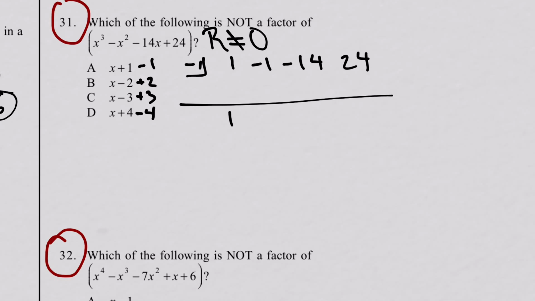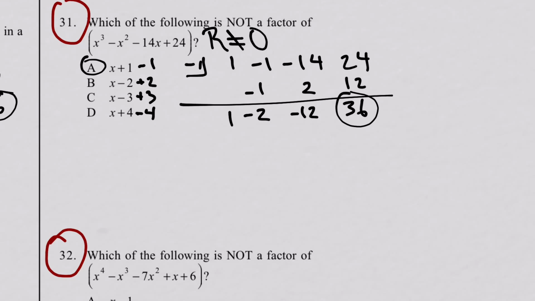Bring down the 1. -1 times 1 is -1. -1 plus -1 is -2. -1 times -2 is 2. -14 and 2 is -12. -1 times -12 is 12. 24 and 12 makes 36. There it is. A is not a factor because I got a remainder of 36.